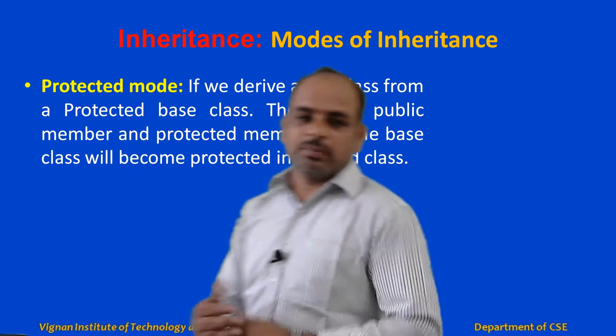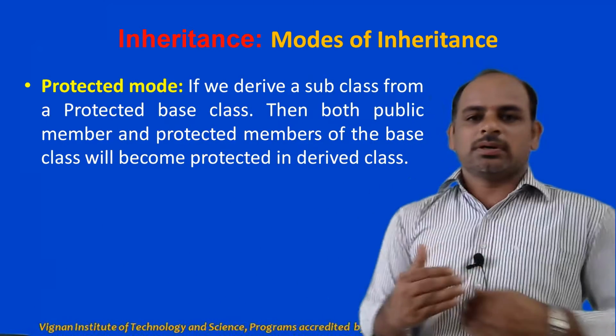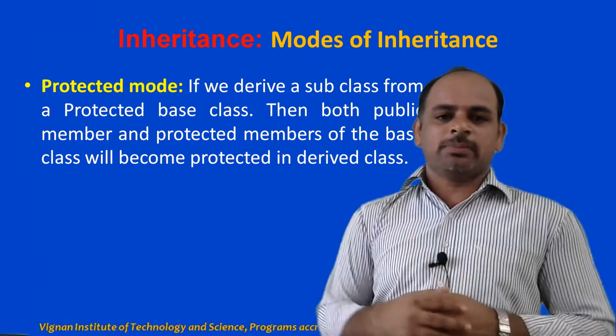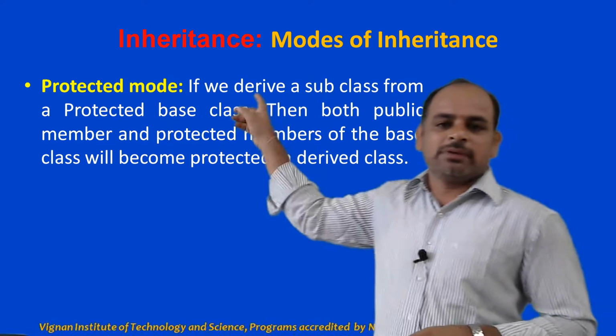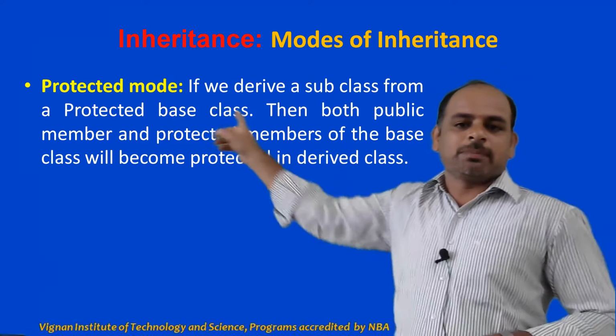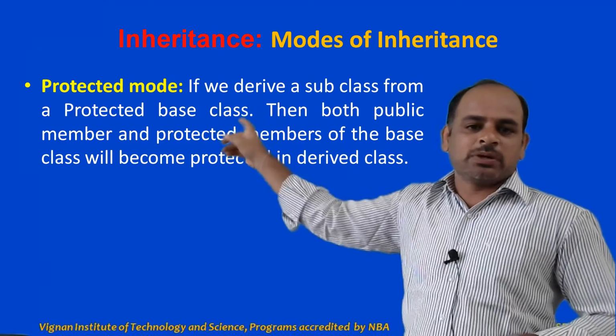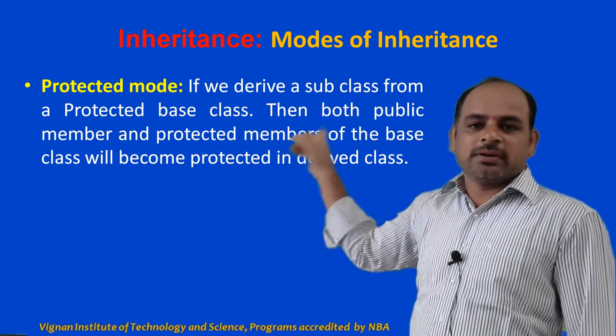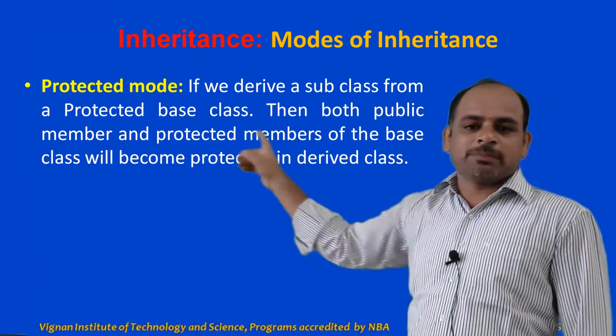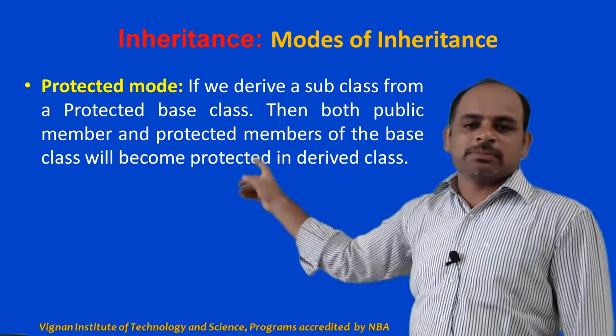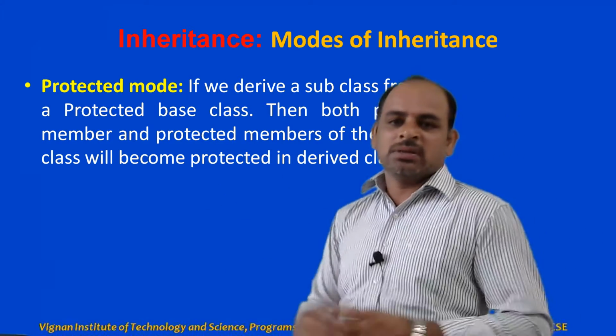See, if you derive the child class in protected mode, what will happen? If you derive a subclass from a protected base class, the access mode is protected, then both public members and protected members of the base class will become protected members in the derived class.